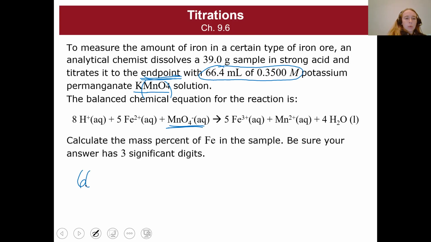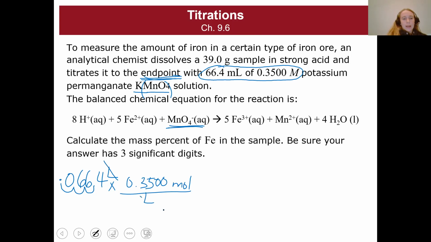So 66.4, we've seen this a few times now. We're going to need this in liters. So I'm going to move it over, and that's liters. And 0.3500 moles per liter.